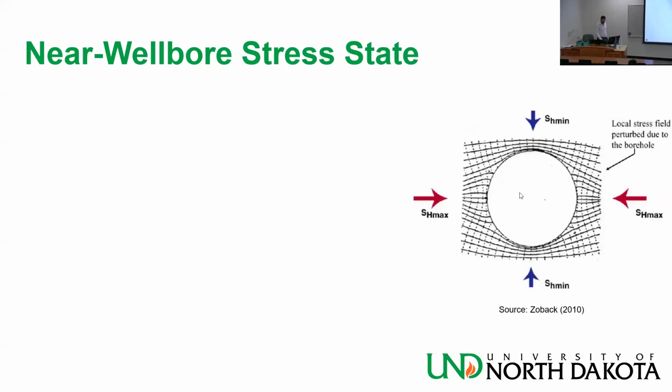So that's what I have been talking about. This is from Zoback's book, a nice schematic from 2007, if not earlier. Actually, I think this is from a 1985 paper by Zoback. If you see, I make a wellbore, I disturb the stress field around it.